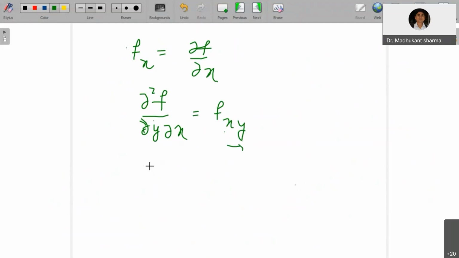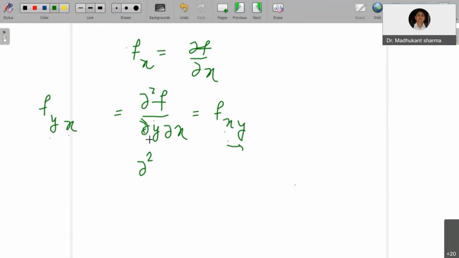Yes. Maybe we have not given any such questions in the problem itself, so I will follow this notation. In the end semester exam also, I will follow these notations so that you should not be confused.